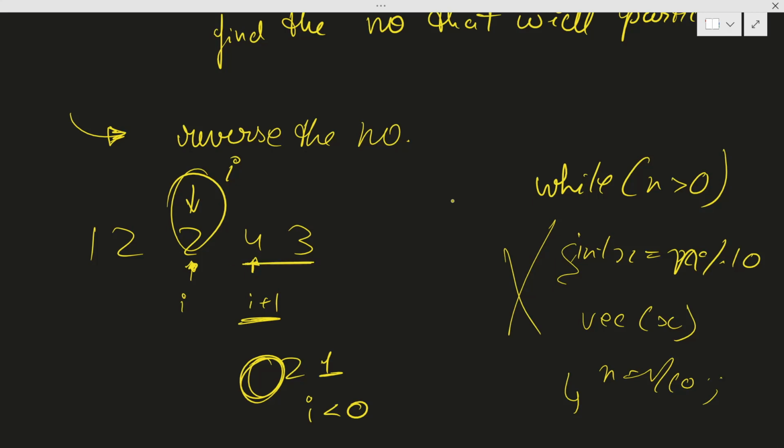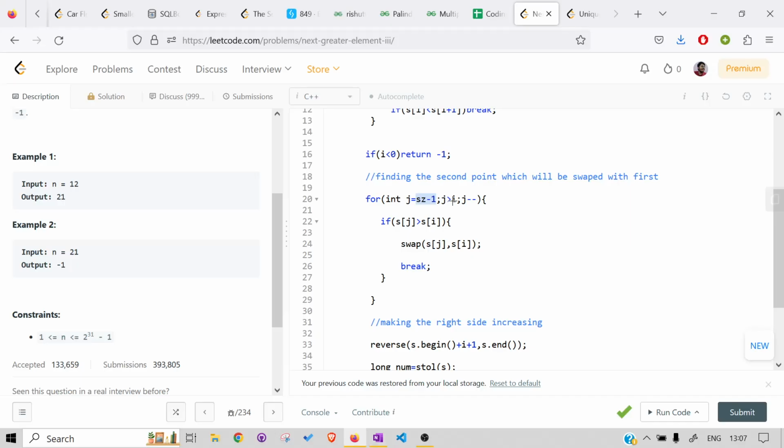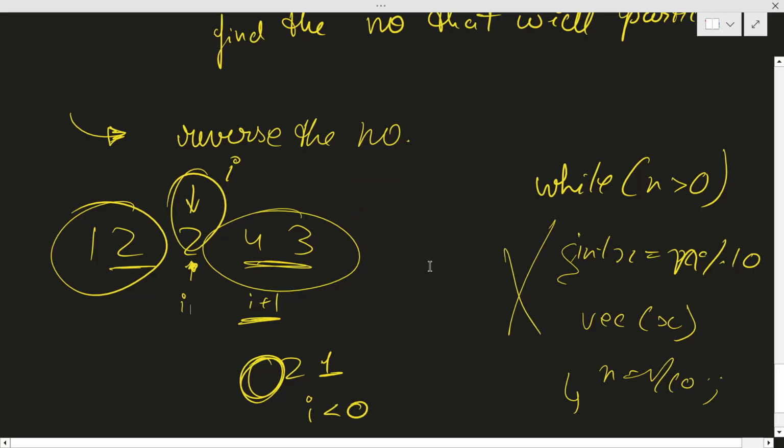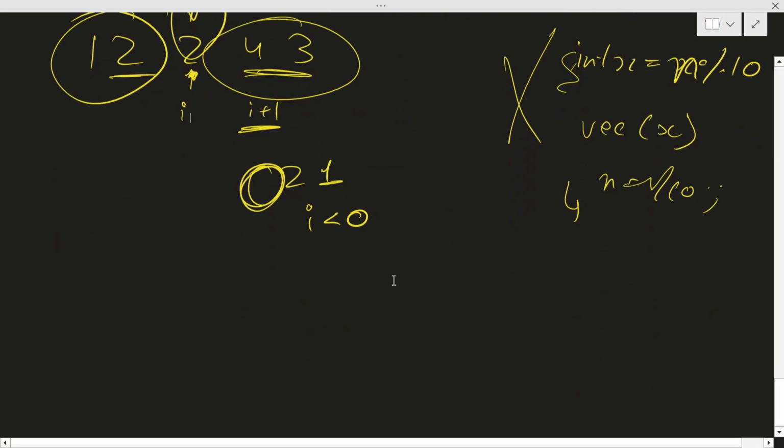Because we have to find it from over here, not over here, because we want a number that is greater than n but smaller. If we disturb this, it is going to increase only. So we have to find something from here. So we find the second point, and when we find it, we swap it and break from that loop. So that's what we are doing.